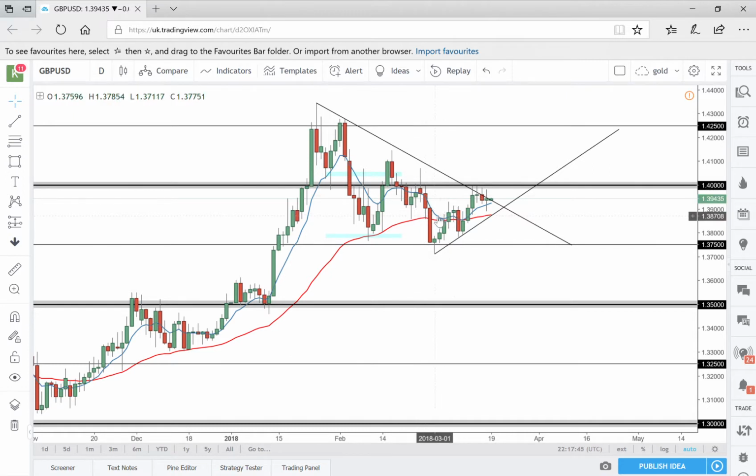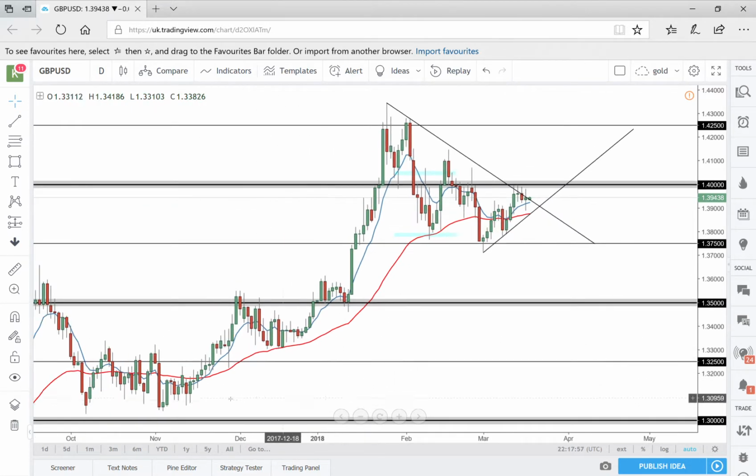Moving averages came together but failed to cross to the downside, and now we do seem to have this uptrend forming here, and obviously, like you can see, we've got this longer term uptrend.